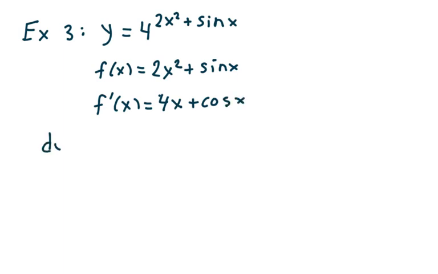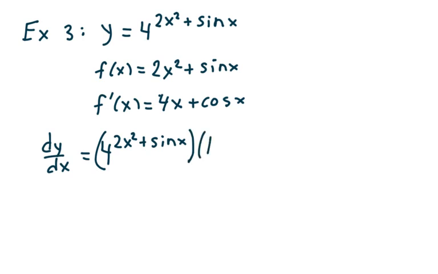So dy/dx is equal to 4 raised to the f of x, which is 2x squared plus sine of x, and I'm going to take that answer times natural log of 4. And then I'm going to take that and multiply by 4x plus cosine of x.